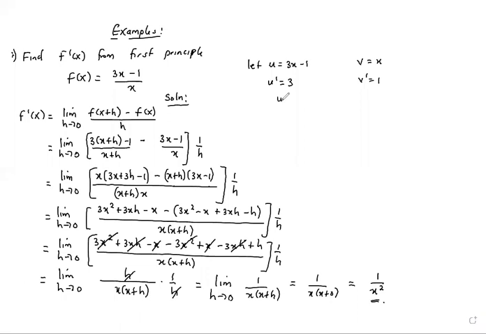So u prime v minus v prime u over v squared. u prime is 3, v is x, minus v prime is 1. So we just have 3x minus 1 over v squared, which is x, and then you square it. So you get 3x minus 3x plus 1 over x squared. This gives us 1 over x squared, which is what we got here.